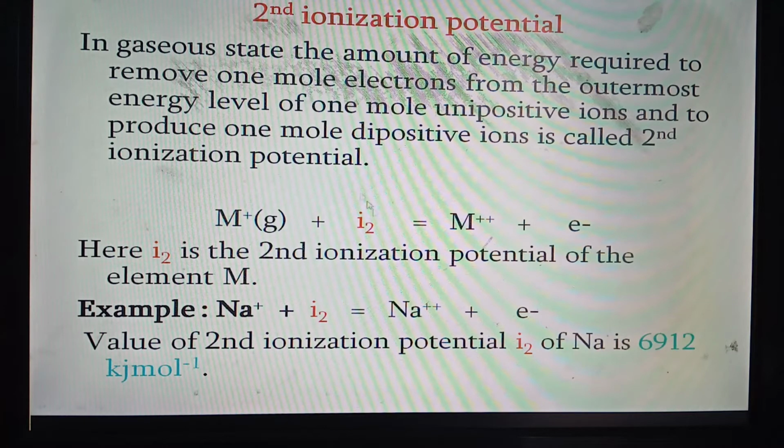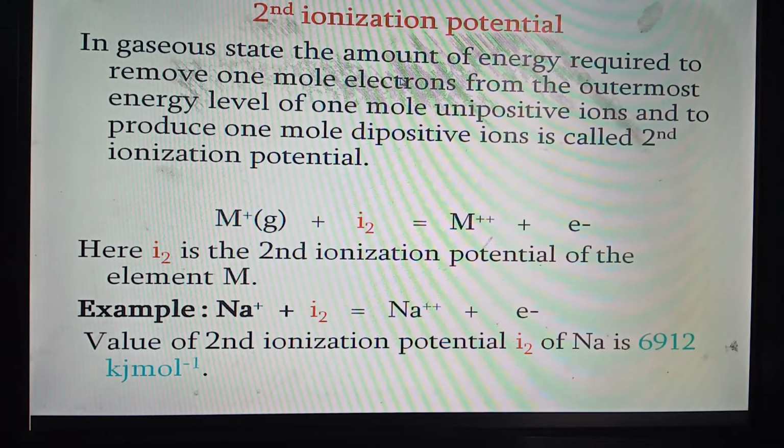Now, what is second ionization potential? When an atom has already lost one electron, it has become an unipositive ion. If we like to remove another electron from an unipositive ion, we need to supply some more energy.